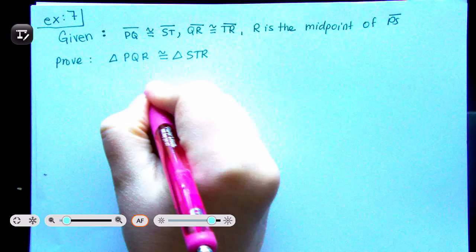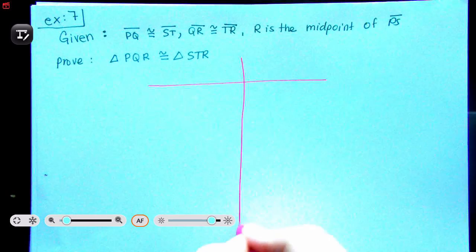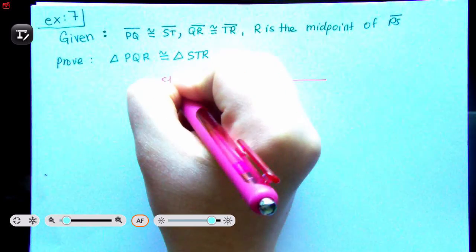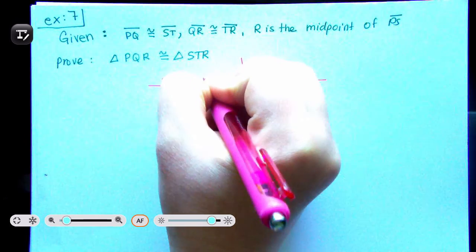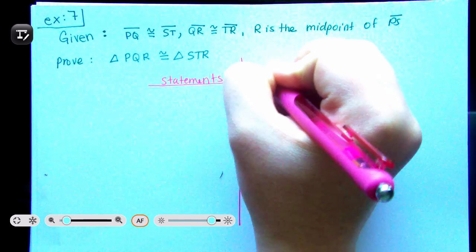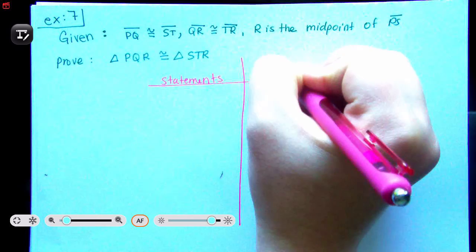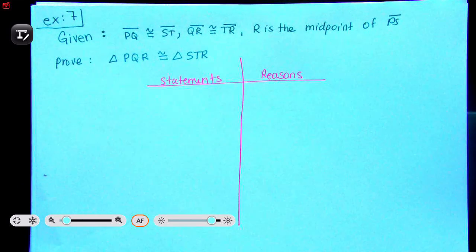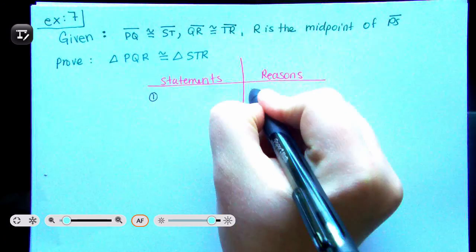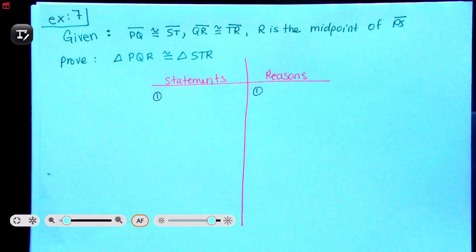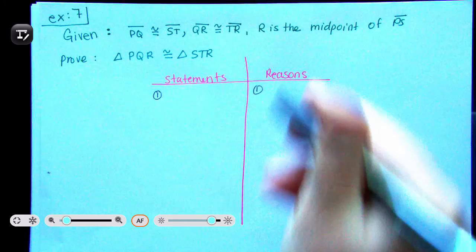Step number 1, draw your table. On the left-hand side, you're going to write statement. On the right-hand side, you're going to write reasons. You're going to write 1 on both sides. Your first reason is always given.